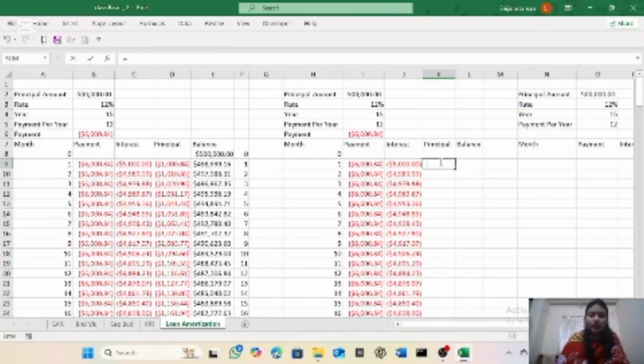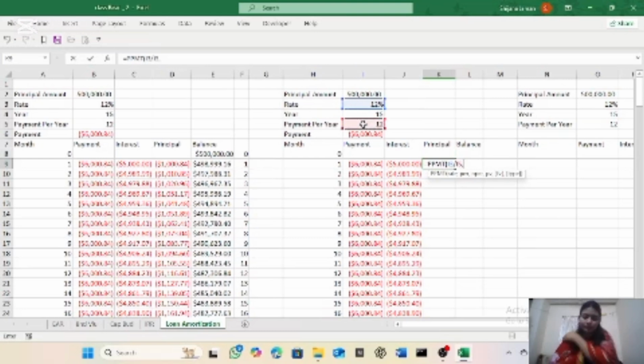For principal, the formula is PPMT. First of all, we have to put the rate. Rate is 12% divided by payment per year, comma period means 1, comma NPER means year into payment per year, comma present value means principal amount, comma future value 0, comma type would be end of the year, bracket close.